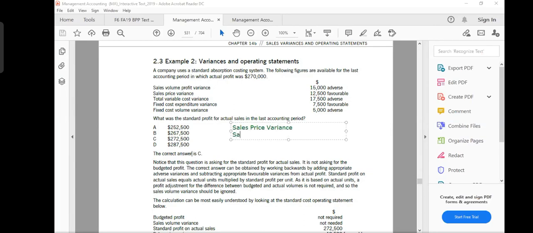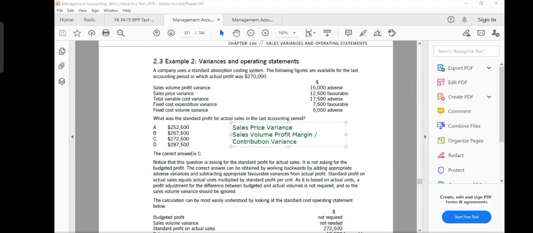And for sales, you also have sales volume variance. And sales volume variance is not the full name. Actually, the proper name, you should not say sales volume variance. It should be sales volume profit margin variance or sales volume contribution margin variance.